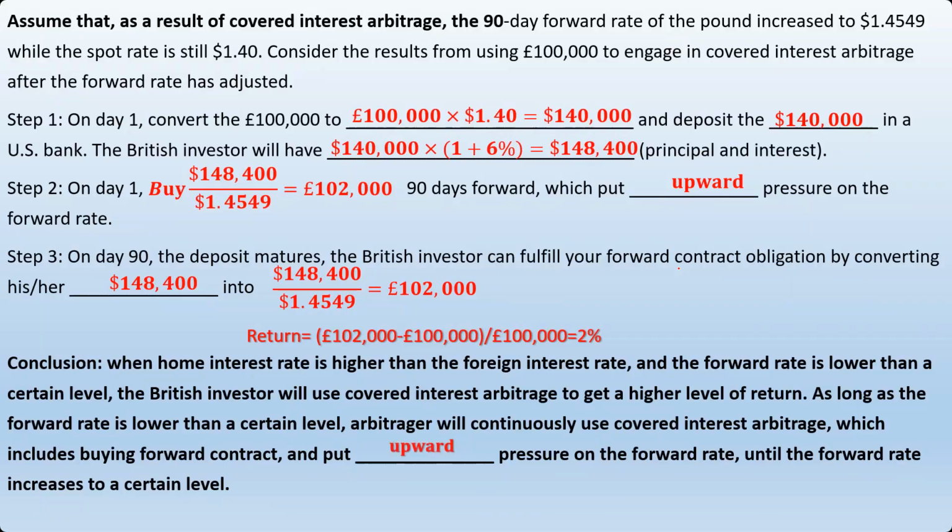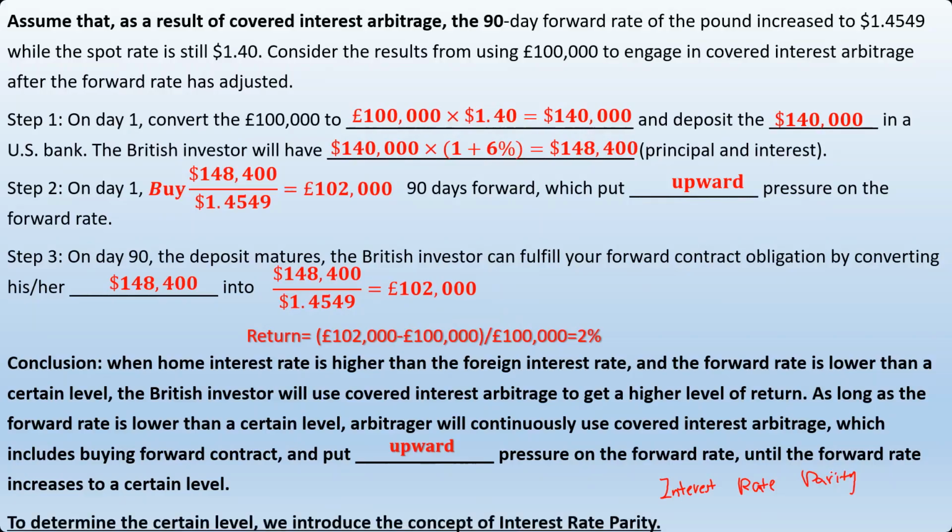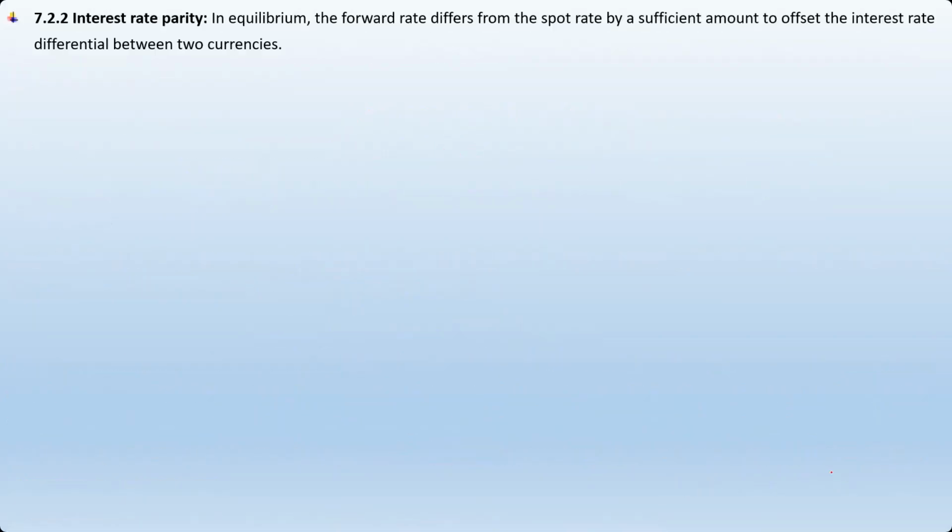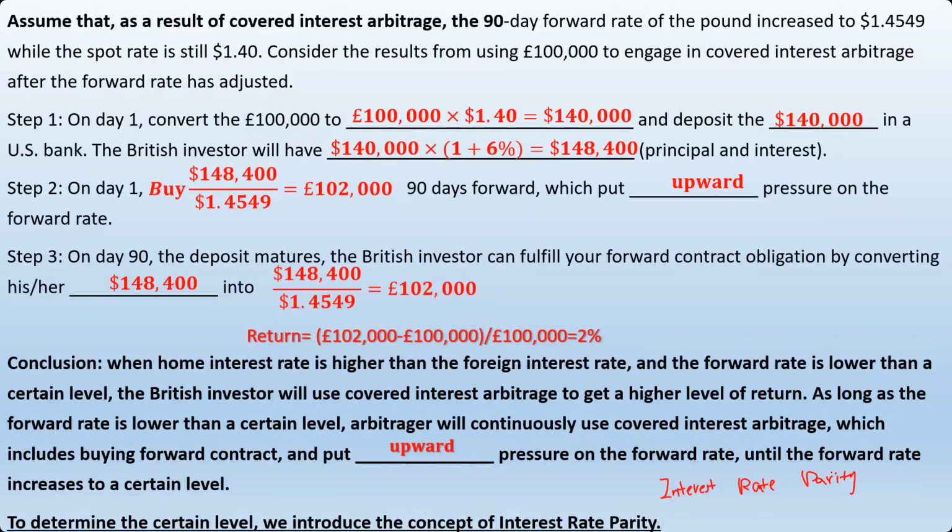This will put upward pressure on the forward rate until it increases to that level. And this is the so-called interest rate parity, okay? So the equilibrium status. I think next class we will officially talk about interest rate parity.